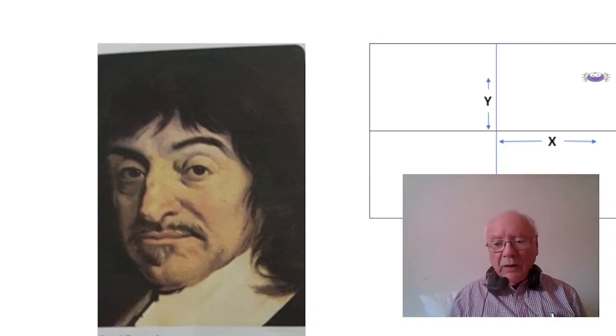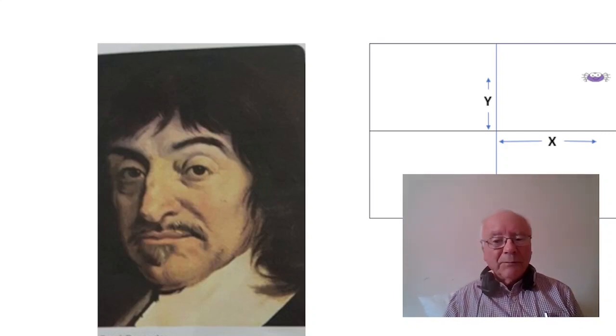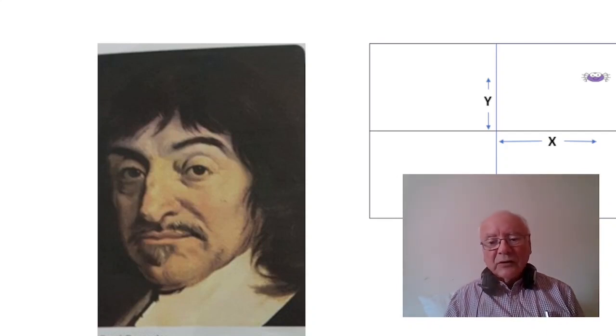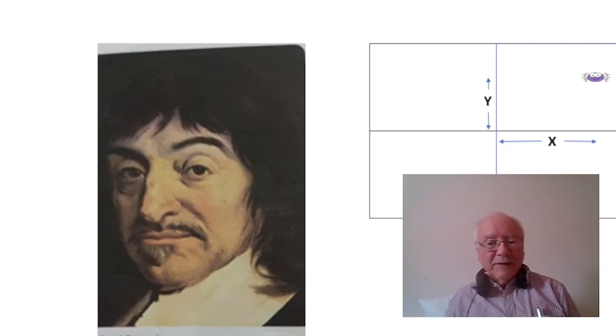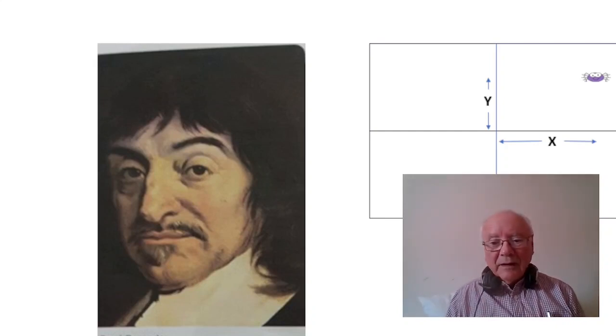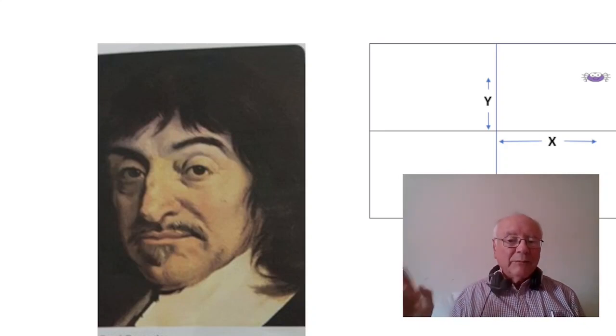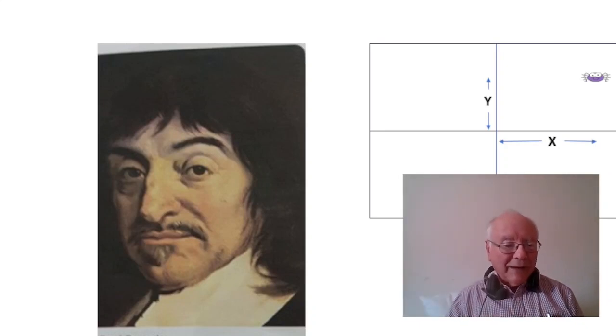And then all I'll do is I'll drop perpendiculars from the spider to the x-axis and the y-axis, and I'll call those distances x and y. And the x and y coordinate will determine the exact position of the spider on the ceiling. And if I tell someone in the next room with a similar ceiling, my spider's at the point x, y, he or she should be able to tell exactly on the ceiling where the spider is.